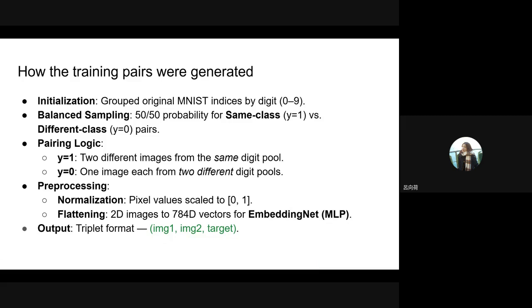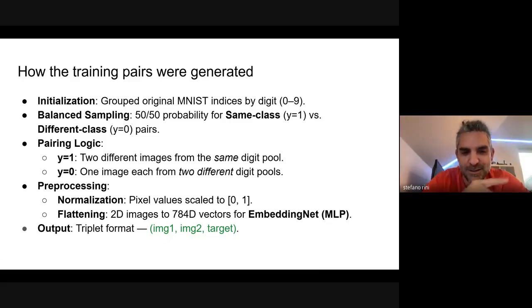When performing the preprocessing, we normalize the pixel values to the 0 to 1 range and then flatten the images into 784-dimensional vectors, and this makes them ready for our MLP-based embedding net.